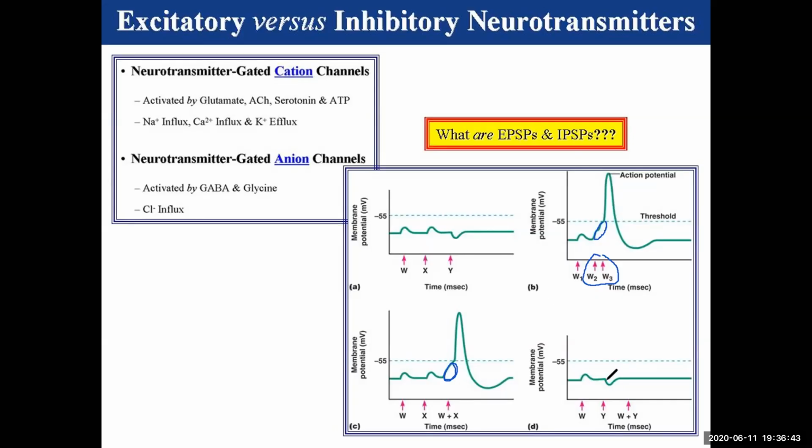So here's the opposite. It goes away from the threshold. So the probability of that axon hillock firing an action potential is zero probability. No chance.